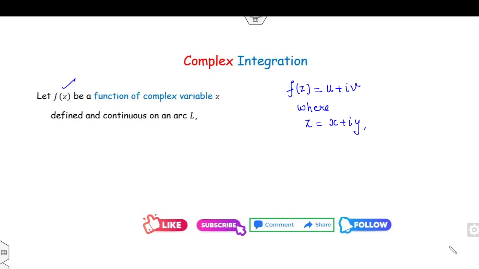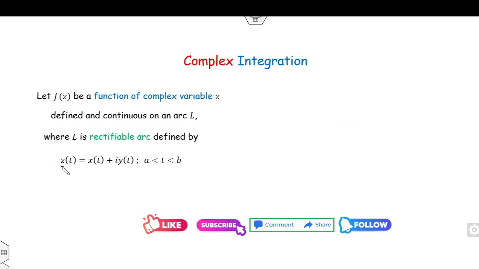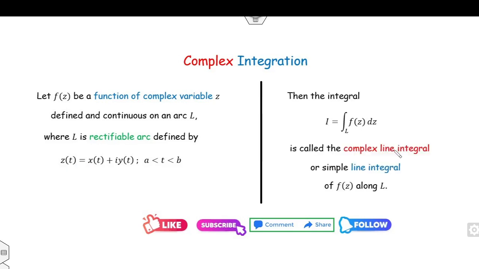If your function of the complex variable is defined on the curve L, starting from here and ending at this point, then whatever path you follow, it may be a straight line or it may follow a curve. The integration of the function f(z) over this curve L is called the complex line integral, or simply the line integral of f(z) along L.